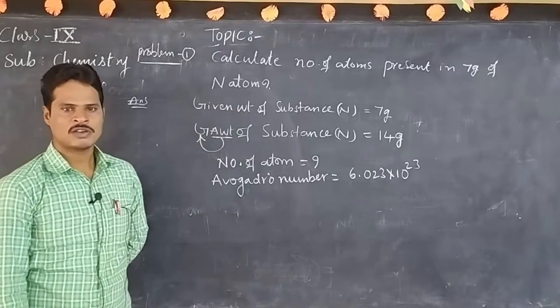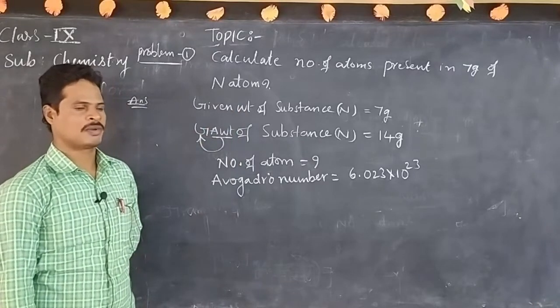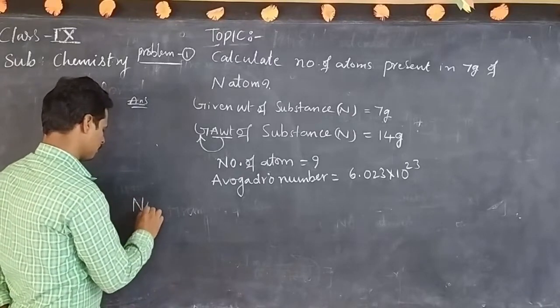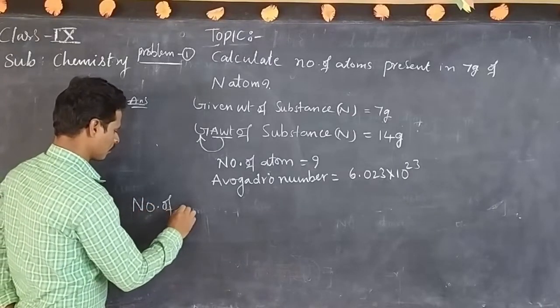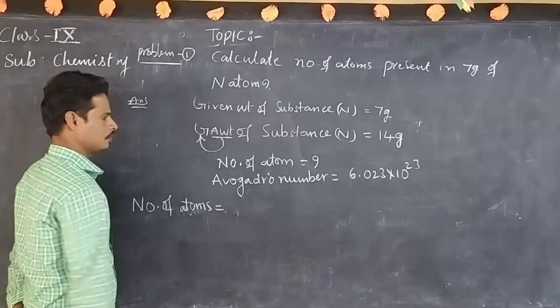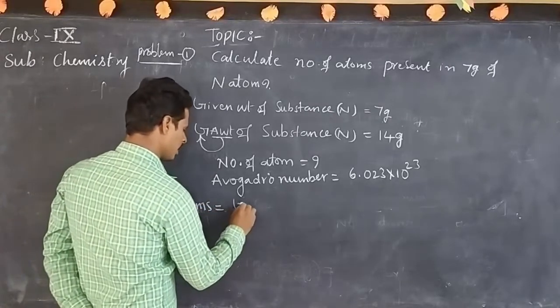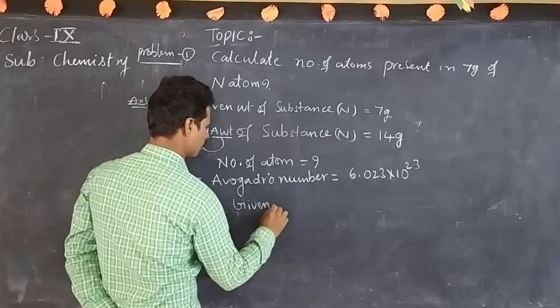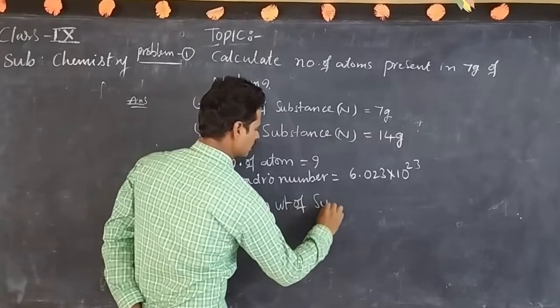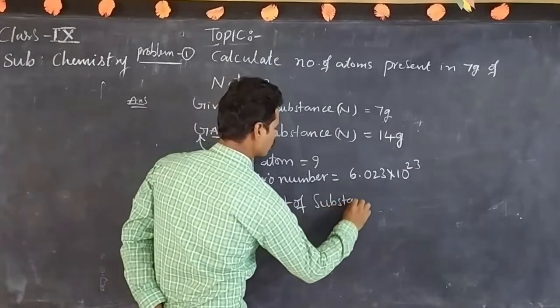We know this value, this value, this value. Which formula can we apply? First, second, third is there. We can apply the first formula. Number of atoms equal to given weight of substance, here which substance?